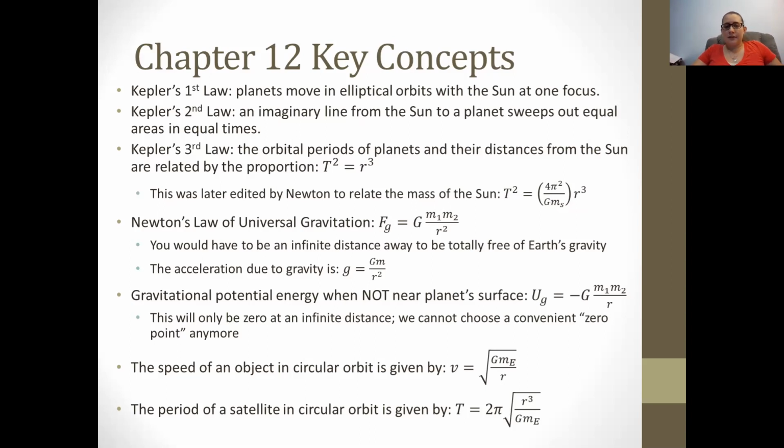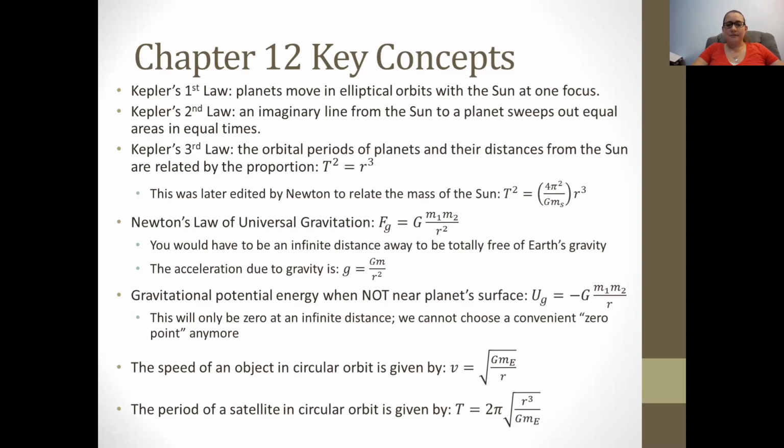Newton's law of universal gravitation tells us now about how the force of gravity acts not just near the Earth, but for anywhere, any pair of objects. We have this big G, which again, I should have written it down. I didn't. I'll add that before I put this up on Canvas. But remember, big G is 6.67 times 10 to the negative 11.